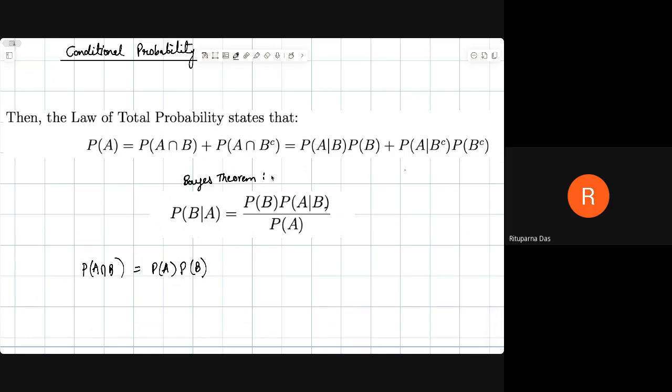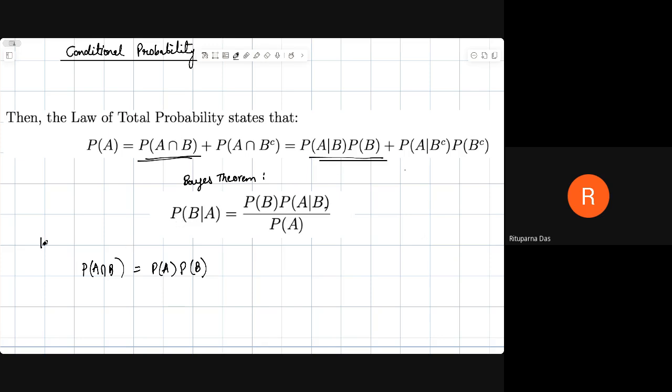P of A intersection B is not equal to this. If we write it as P of A intersection B, then it will come out as P of B into P of A given B. We have seen this in the total law of probability, and from here we are deriving the Bayes theorem that P of B given A is this.